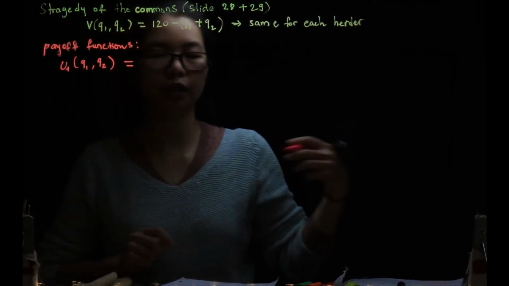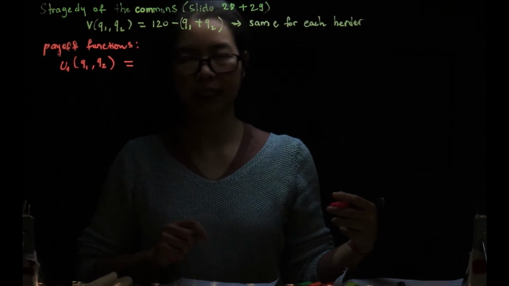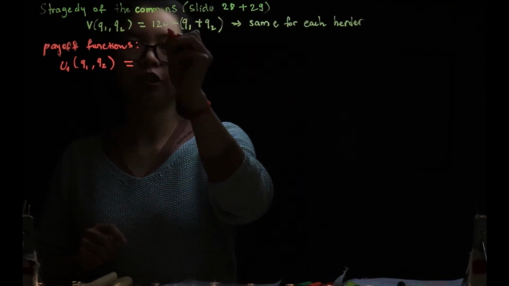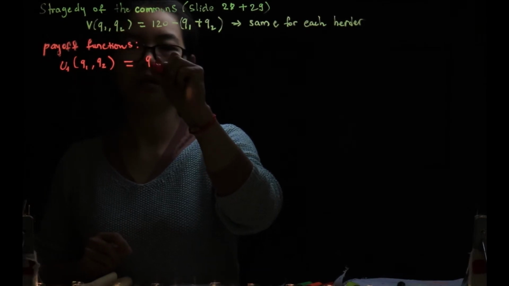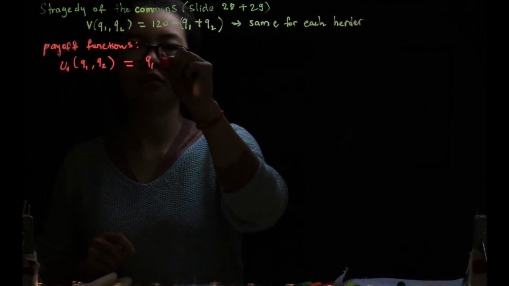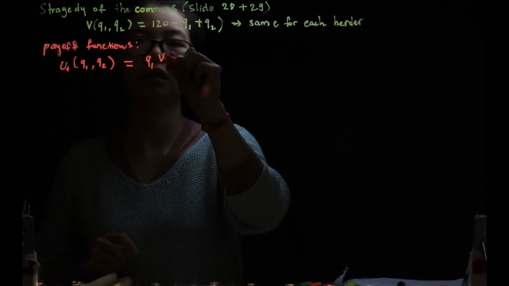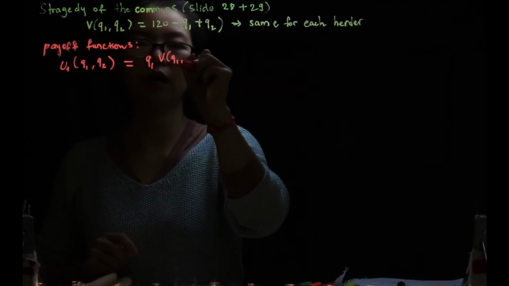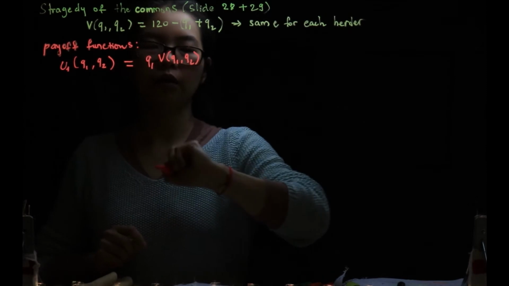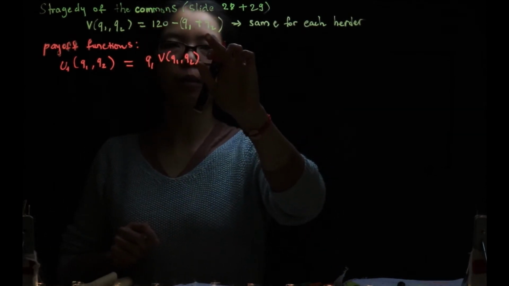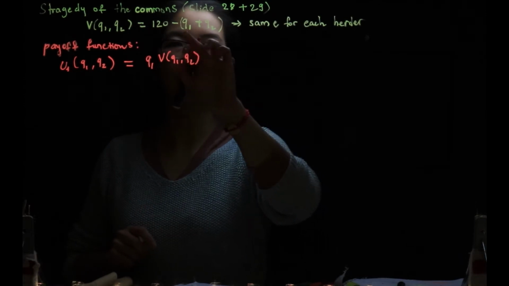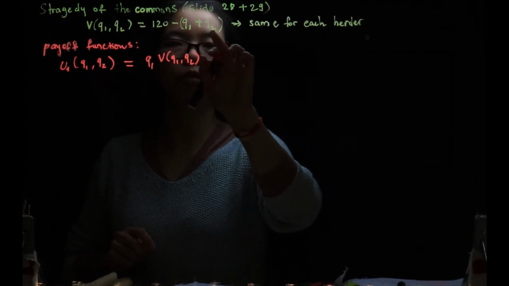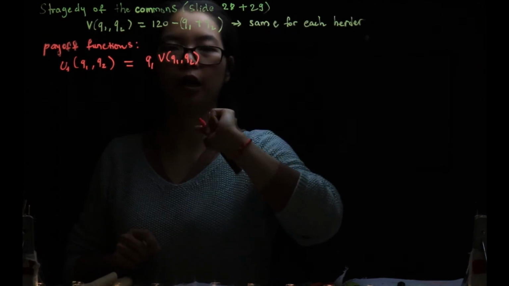Equals, what is the payoff? Easy. The value per sheep times the quantity of sheep he or she has. So Q1 times V of Q1, Q2. Note that the value per sheep applies for both, and that also depends on the number of sheep that each player or each herder has.